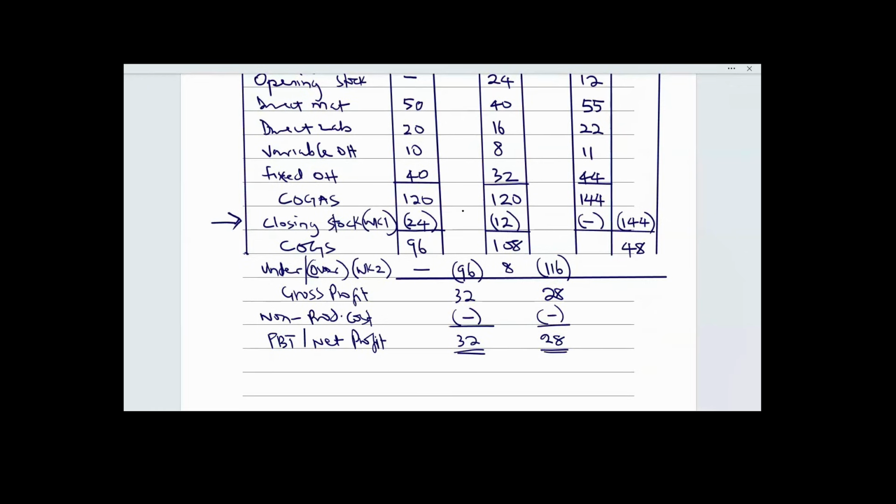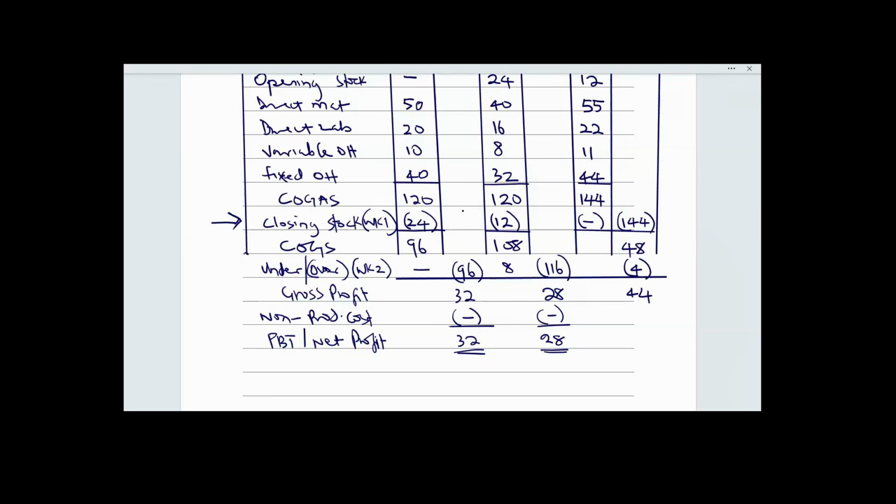So in the third period, the cost of goods sold is 48,000. Then we have over absorption of 4,000 naira. Because it is over, we are supposed to deduct. Therefore, 48 minus 4,000 naira will give us 44.